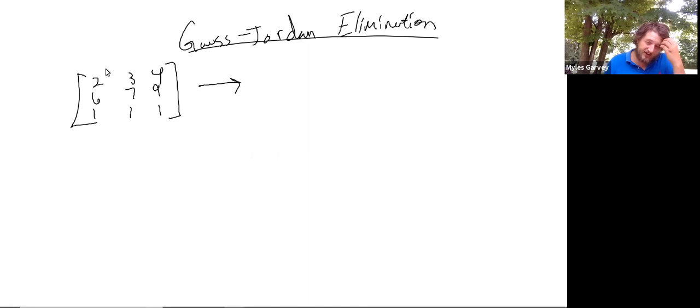So the first thing that we always do with Gauss-Jordan elimination is we try to get a 1 up in here. So here's the general rules for Gauss-Jordan elimination. To convert the matrix down into a form that looks something like the identity matrix, the first thing we do is try to conduct a series of operations that will put a 1 up here.